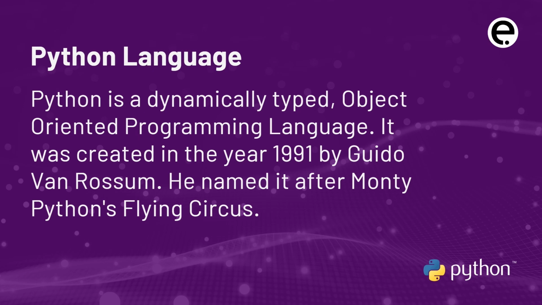Nowadays, in 2024, Python is one of the most used languages in the field of AI and machine learning. So that's the reason why we are learning Python. It's a very important language, and it's also used in cybersecurity. So if you want to go for cybersecurity as your future career, then you need to learn Python. Python is a very renowned language in this field.